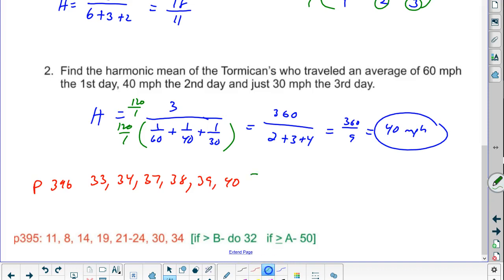And I can't forget the green people. Greater than or equal to a B minus. Greater than a B minus, do 50.